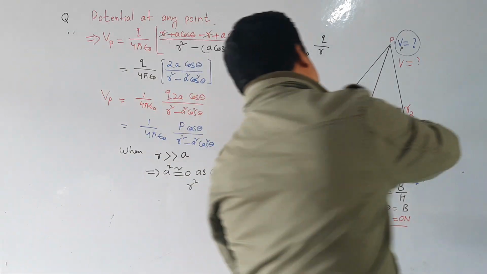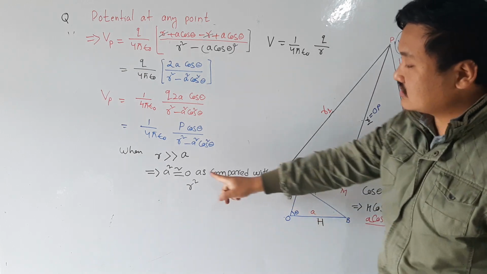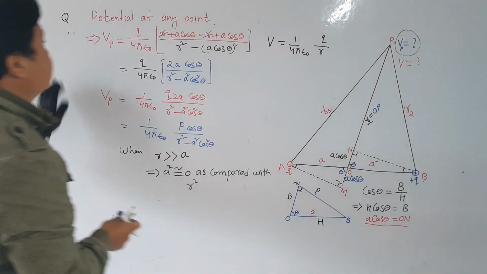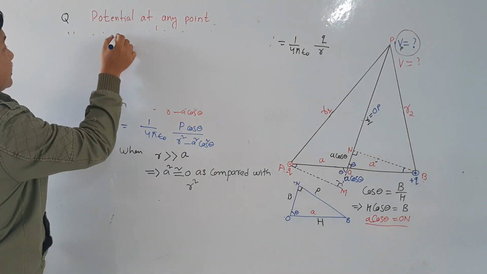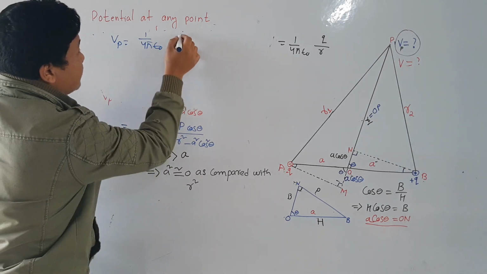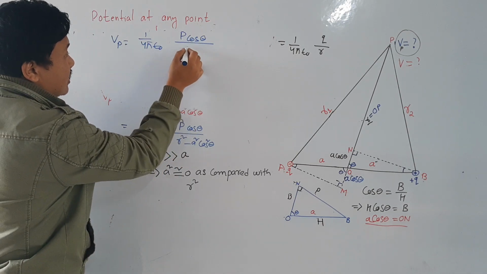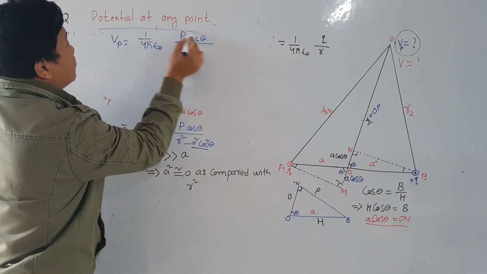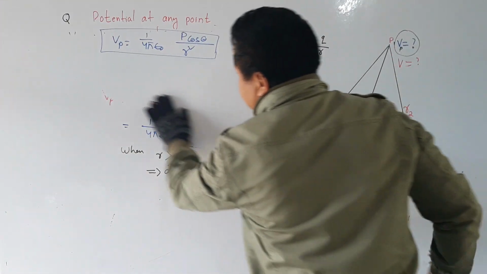So this r is very long and this a is very small, then a square can be termed as 0 as compared to r square. Then what do I get? Tell me. Then the equation will become, you see here, this V at P will become 1 by 4 pi epsilon naught, p cos theta divided by r square, and this a square will become 0 and this whole term will become 0. So this is the potential at any point due to a dipole.